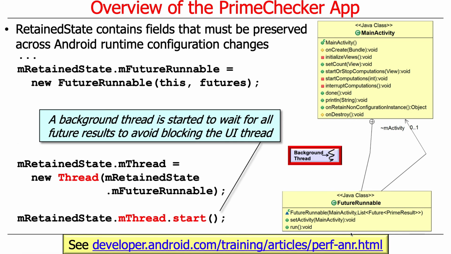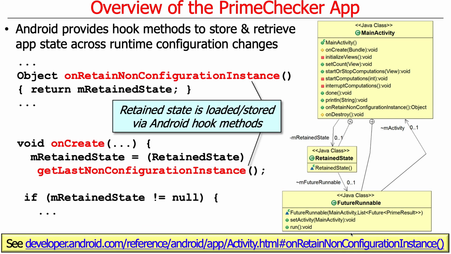All that stuff is running in the background, but it's all stored in one object. And then there are some cool hook methods which have ridiculously long names, like onRetainNonConfigurationInstance, which is quite a mouthful. This is used to load and store RetainedState when Android activities are created and destroyed as a consequence of runtime rotation changes or configuration changes.